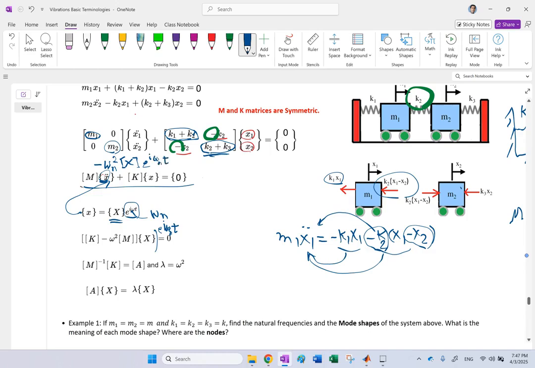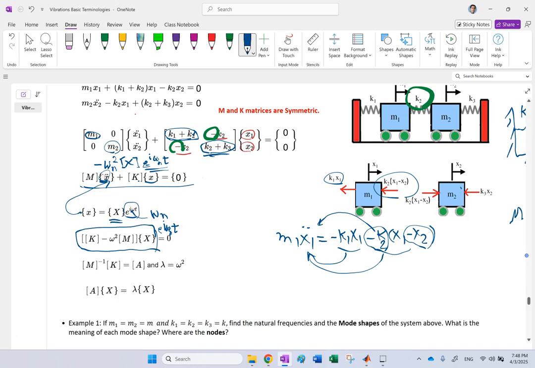But you have to multiply it by M. And then this x is the same thing, except K will be multiplied by x. So if you factor out this exponential and set it to 0, this exponential can never be 0. So the coefficient of this exponential, which is this guy, should be 0. So that matrix should be equal to 0.